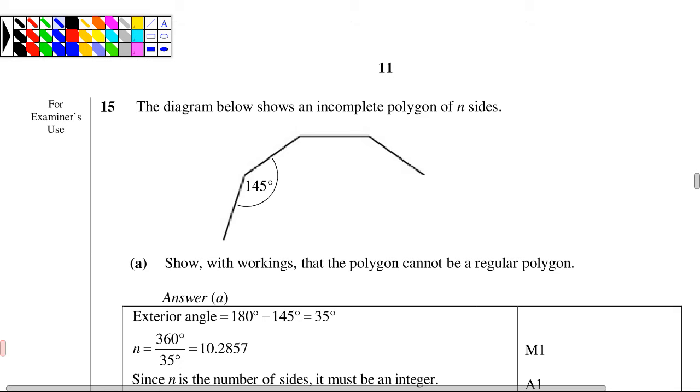But this plus this, they are not equal. And this is not a regular expression. Okay, question 15. Question 15, look at the end.